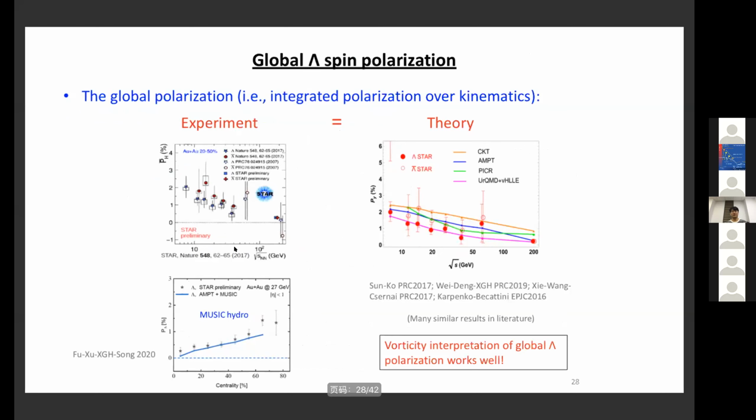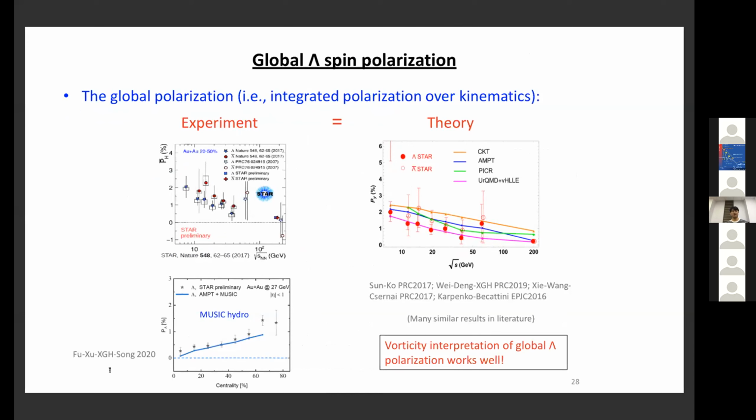Here is the result. For the global polarization of a lambda hyperon, the experiment and the theory match quite well. And also the calculation of the polarization as a function of centrality can also fit the data quite well.